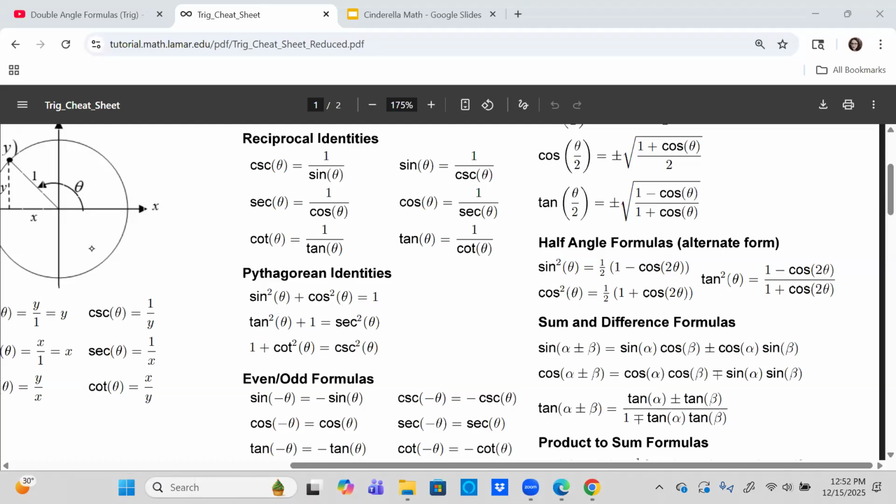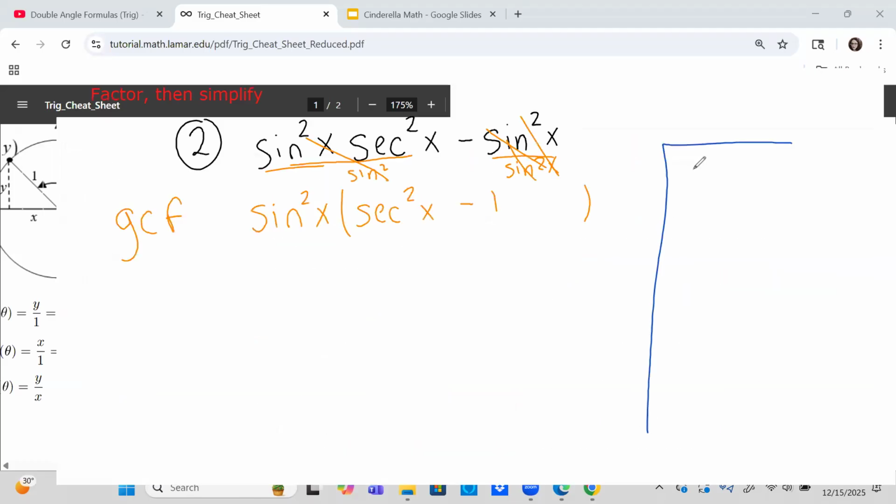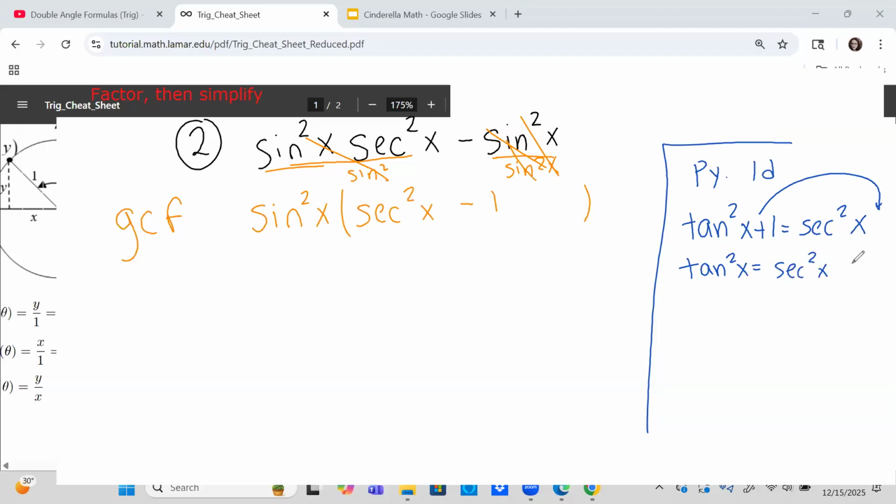Okay, so off to the side here, the Pythagorean identity that's going to help us this time is tan squared of an angle plus 1 is secant squared. That's not exactly what we have, but if we just move that 1 over, we would have tan squared is secant squared minus 1.